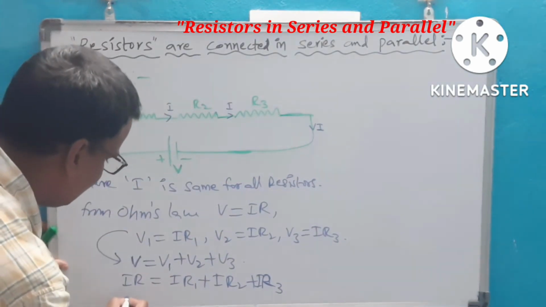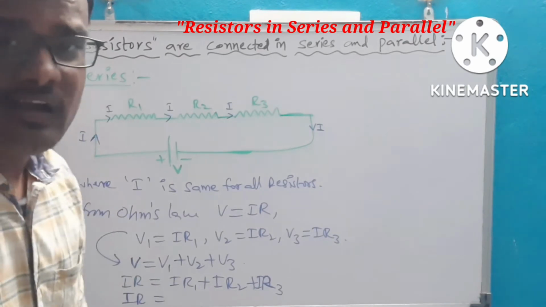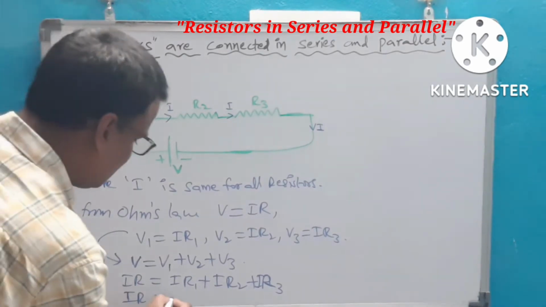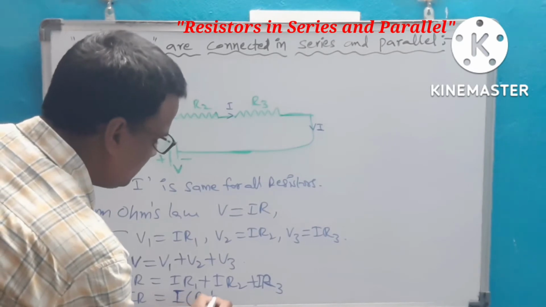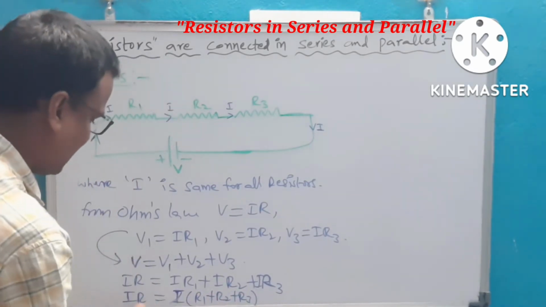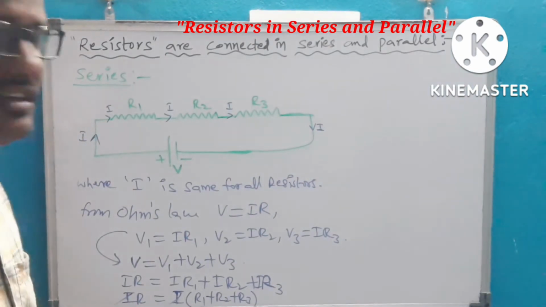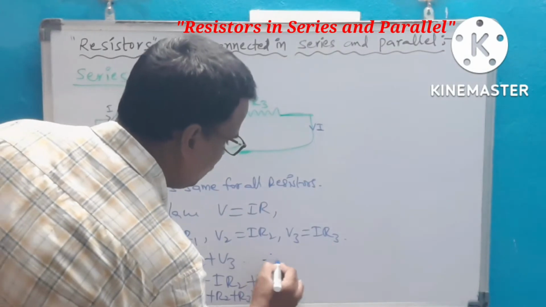We can take I as common, giving I times (R1 plus R2 plus R3). So I is cancelled, and finally what do we get?